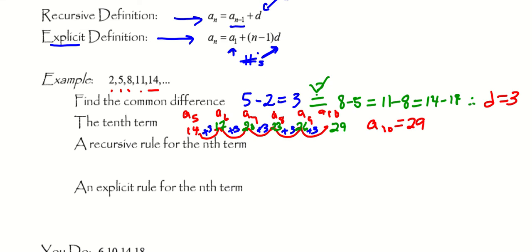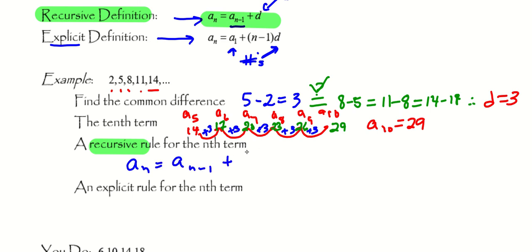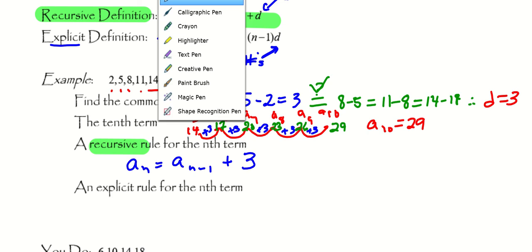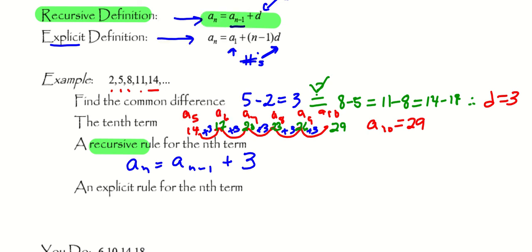We have a formula for our recursive rule. Here's our recursive rule: a sub n is equal to a sub n minus 1 plus our particular common difference, which in this case is 3. And then we want an explicit rule, and our explicit rule follows this definition.